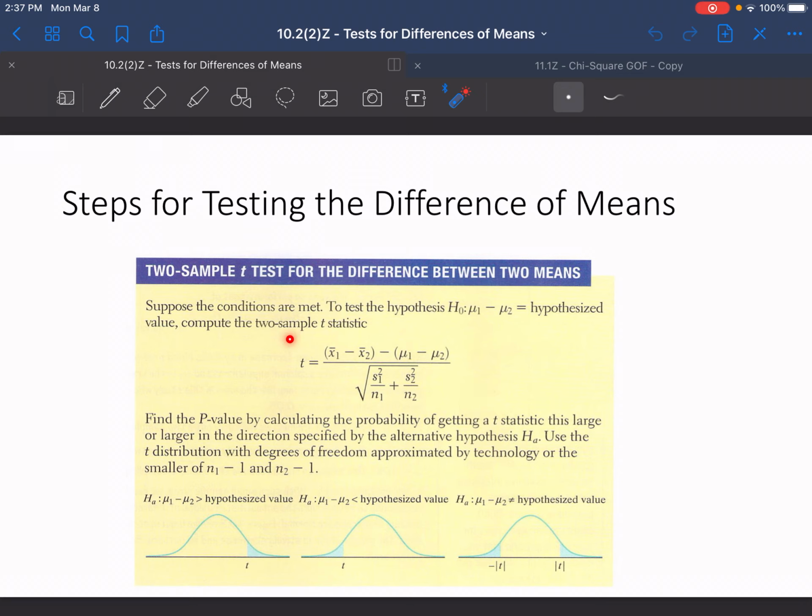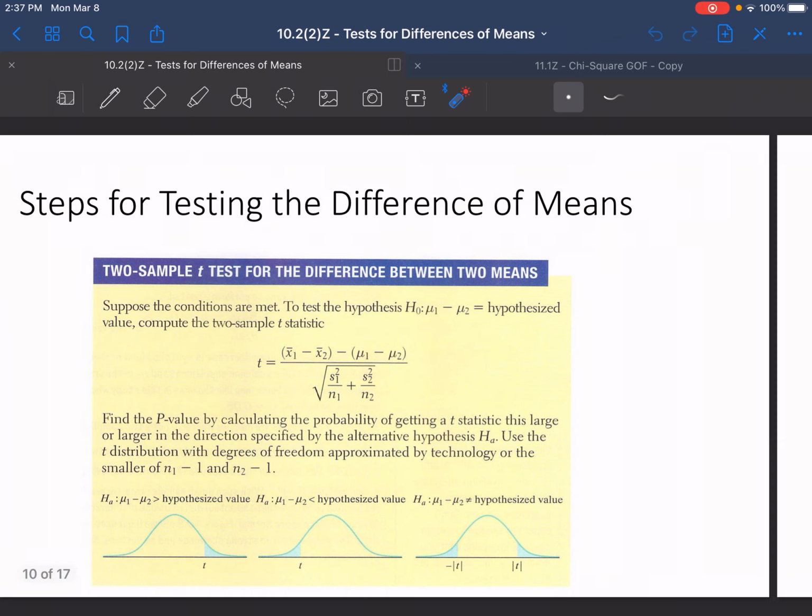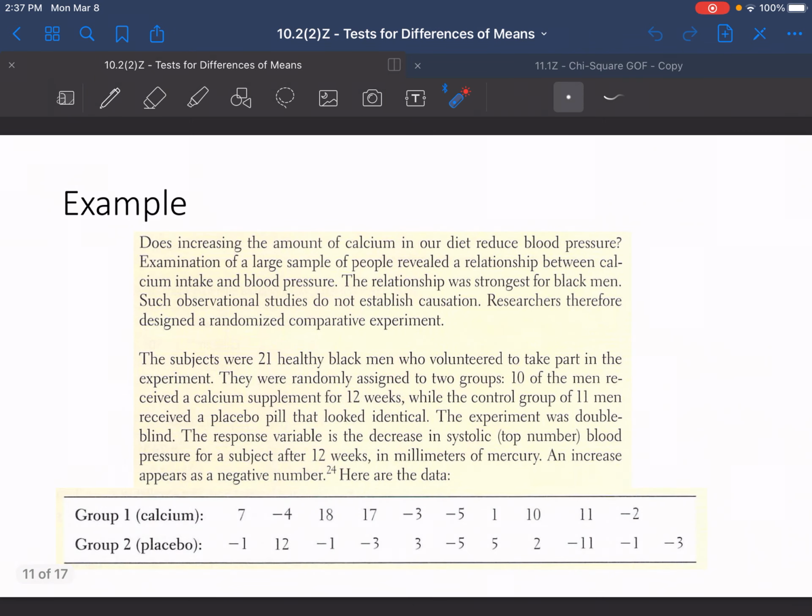You can do this lovely bit of math right here, or you can just wait and see how to do it through the calculator, and that's a whole lot easier than having to input all of this into your calculator. I'll tell you that. And then also you need to find the p-value as well for the do portion. And then from there, all we would need to do is conclude at that point. But let's go ahead and look at an example of how we might solve this problem.